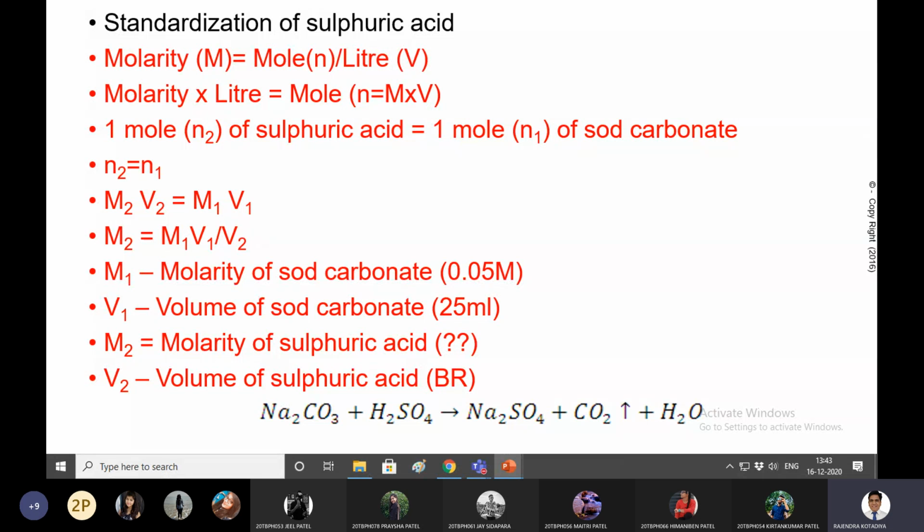If you want to find out the molarity of sulfuric acid in this case, then we have to perform the titration. So that's it for today's practical. When we get time, we'll do the titration, and we will be able to find out the molarity of sulfuric acid.